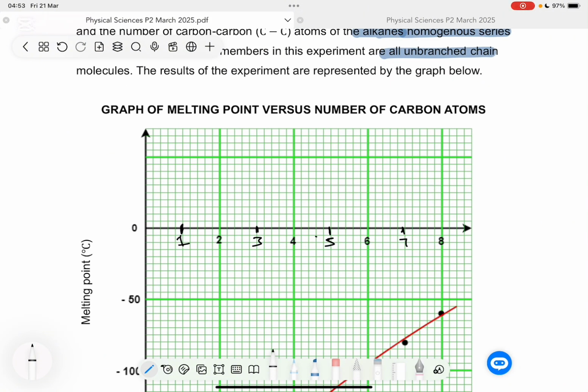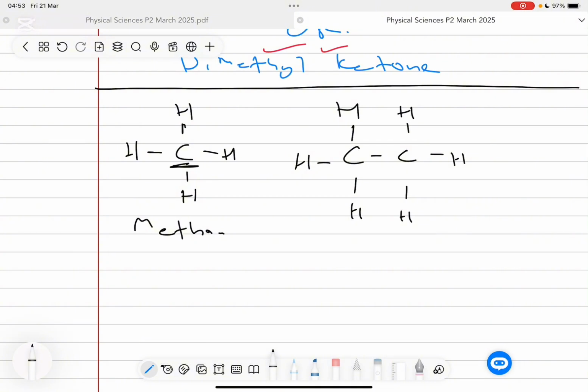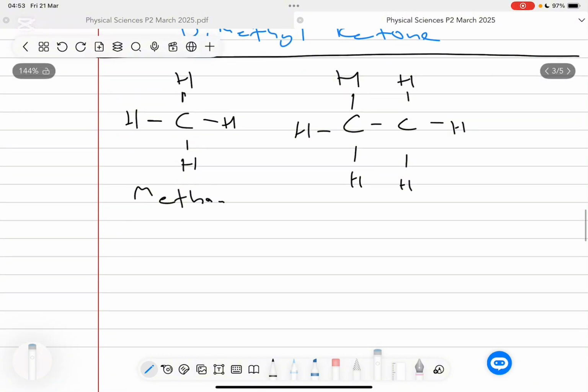Now you must notice that when you look at the molecule with 1 carbon atom, there is no carbon-carbon bonding because there's only one carbon here. So we cannot bond this to another carbon. We start seeing the carbon-carbon bonding when we have more than one carbon, because then they can bond to each other. And we all know that this will give us ethane, because eth would mean two.